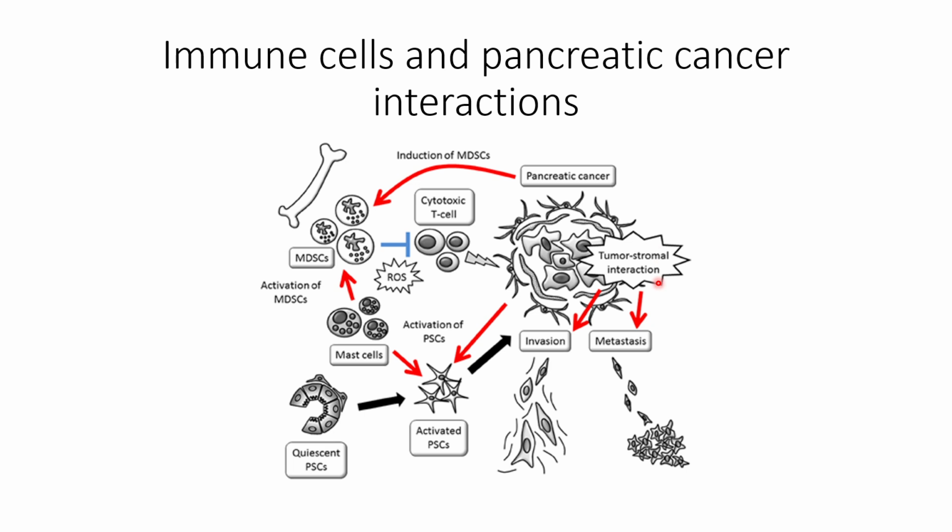So these are some of the ways by which immune invasion characteristics can be acquired by the tumor cells or the tumor microenvironment. It will prevent the pancreatic cancer cells from being attacked by the immune system.